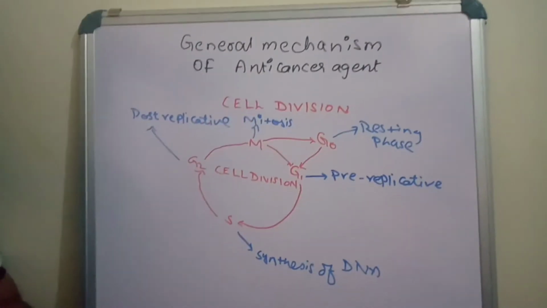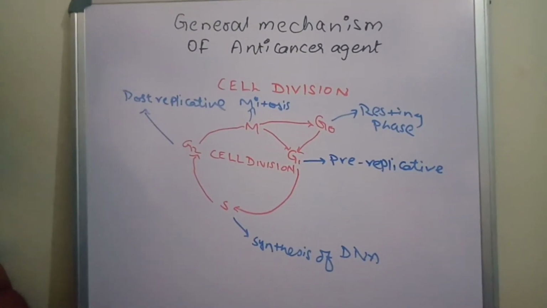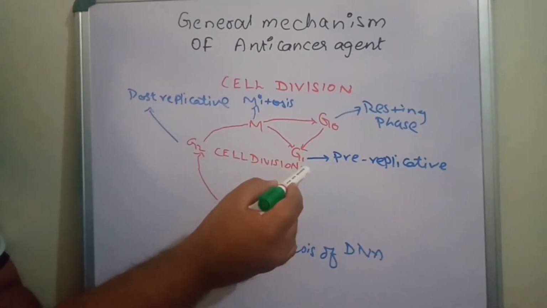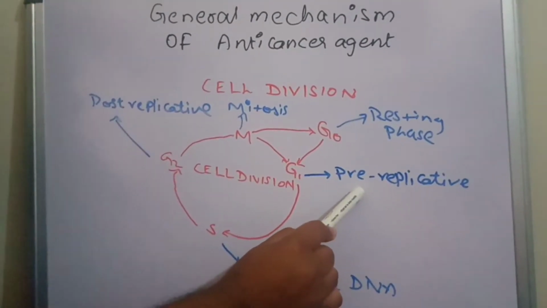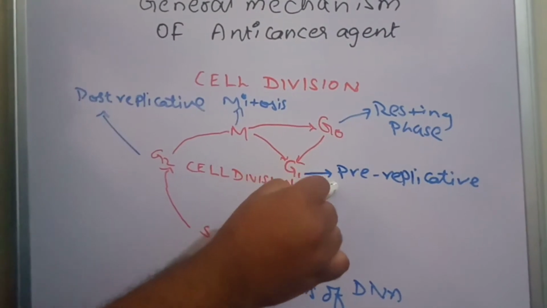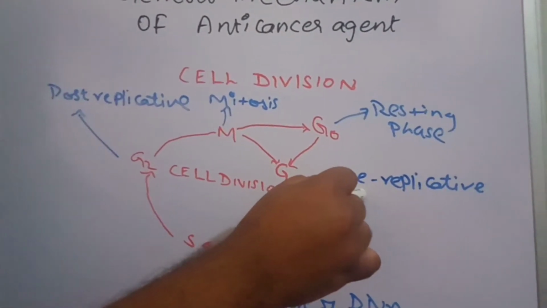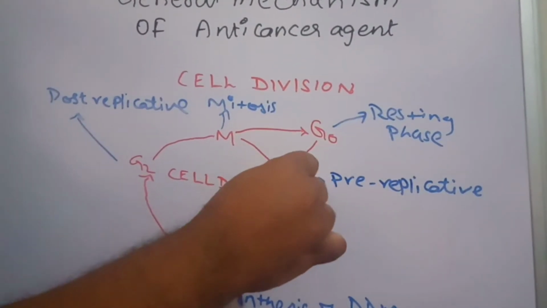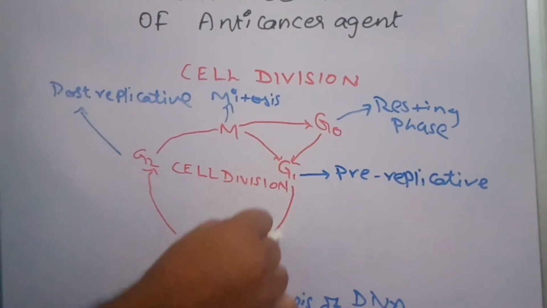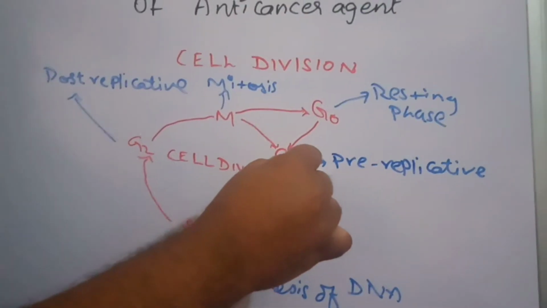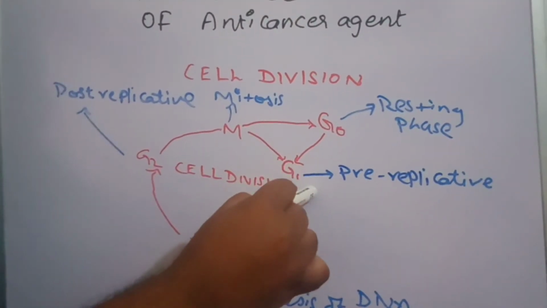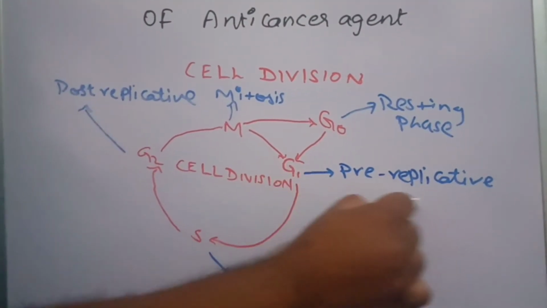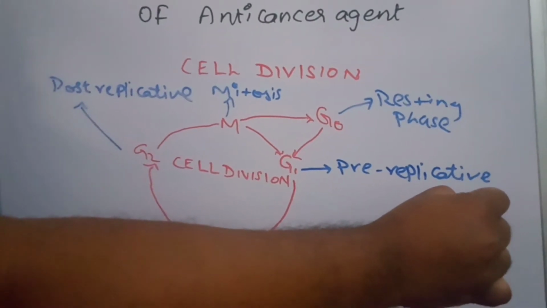First let us understand. In this cell division process, in the G1 pre-replicative phase, the enzymes required for DNA synthesis are synthesized. The enzymes required to produce DNA are being produced in this G1 phase, which is called the pre-replicative phase of the cell.